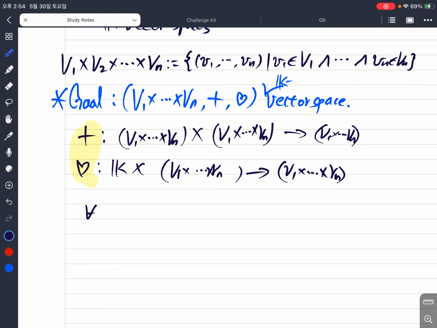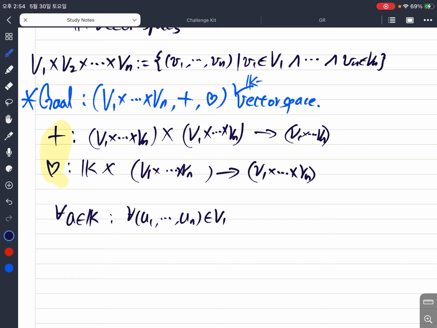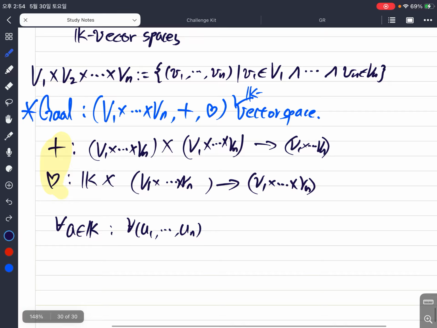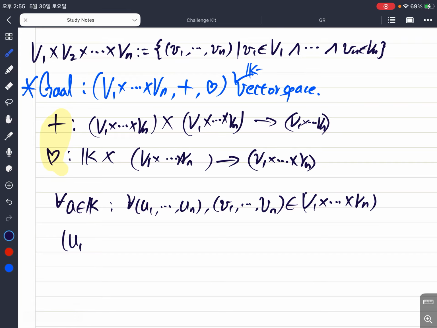So for all a in K, and for u1 up to un and v1 up to vn in V1 times Vn, we have ordered tuples and a number, and we can define (u1, ..., un) plus (v1, ..., vn), the first is one vector and the second is another vector.